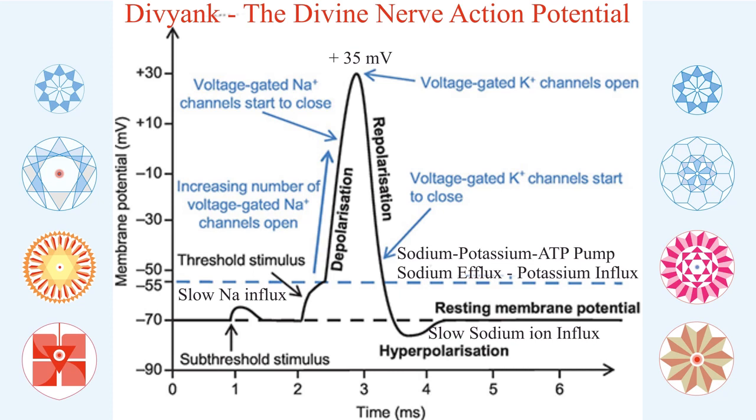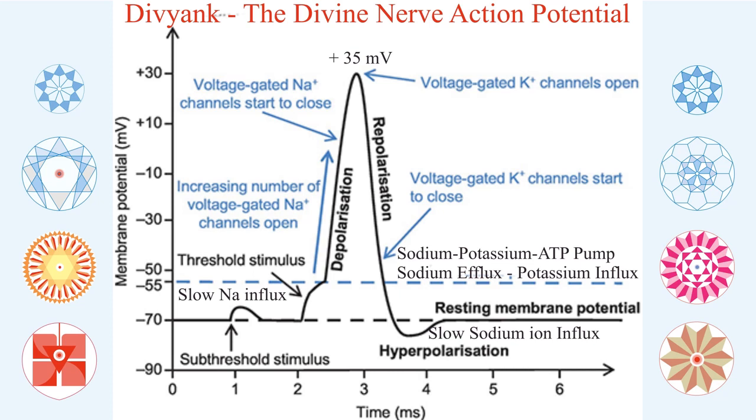Then no more sodium can enter, so potassium starts coming out. Then after a certain stage, sodium and potassium both come to play a role, where sodium starts coming out and potassium goes inside. And this is also something which I have shown that has not been shown by others, but this is how it should work.